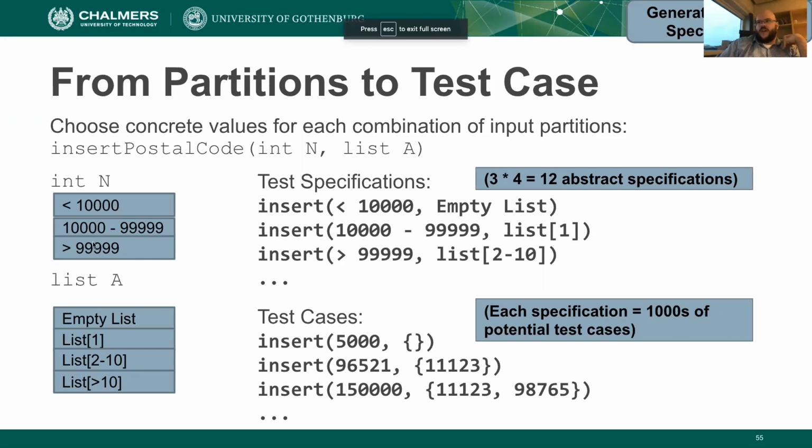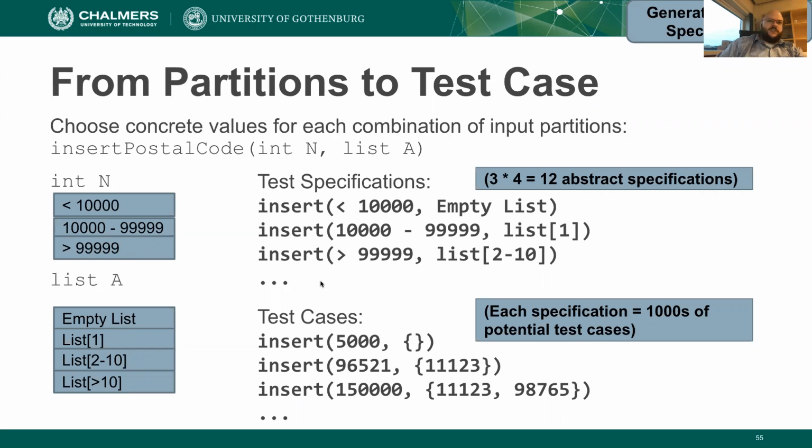So we have 3 options for the integer, we have 4 options for the list, and so we have 12 abstract specifications, right? Just the different combinations: less than 10,000 with an empty list, less than 10,000 with a list of length 1, less than 10,000 with a list of length 2 to 10, less than 10,000 with a list of greater than 10, and so on, right? So 12 different abstract test specifications you can form.